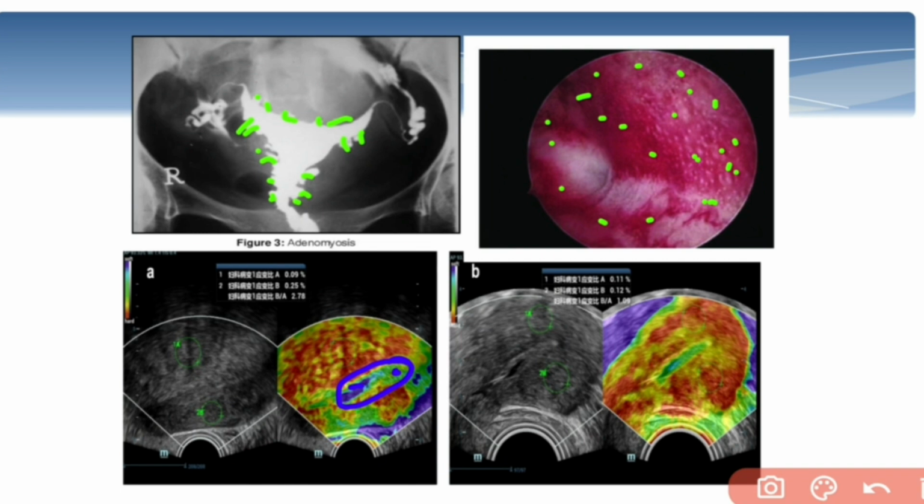We will see the translational vascularization, and it can also diagnose malignancy at the molecular level without any histopathological examination. So elastography can be used to diagnose malignancy.